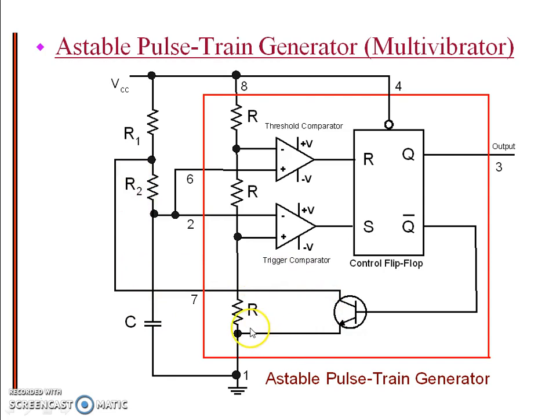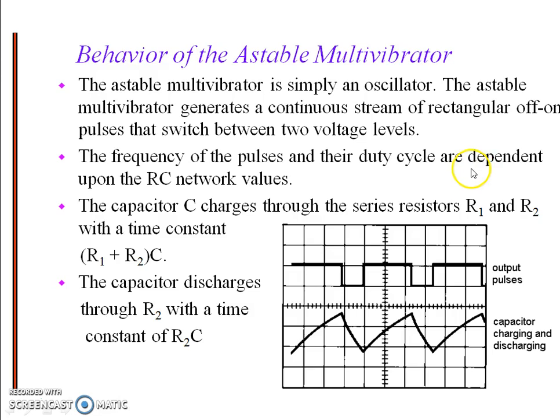This keeps continuing because the states of the upper and lower comparators keep changing with the capacitor voltage, and the output is switched from one state to another.